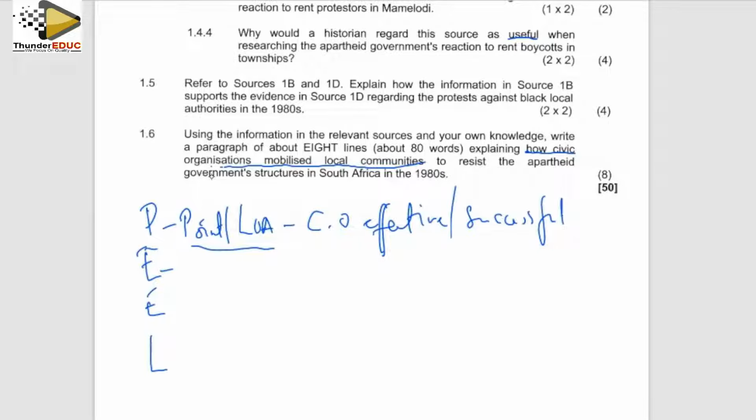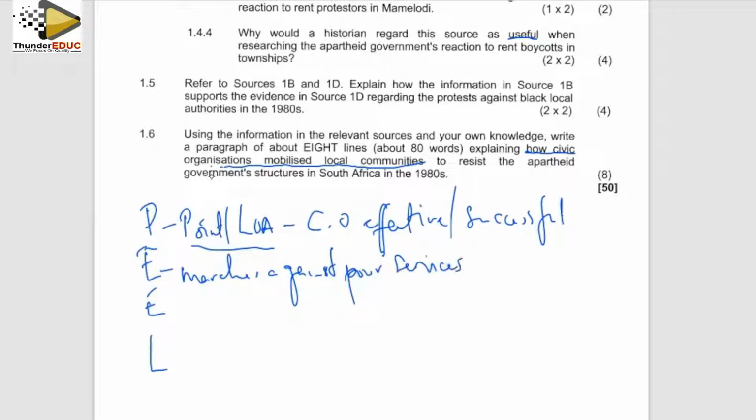You explain in your own words. You are not extracting information from the sources. You are explaining in your own understanding. Explain your understanding of how civic organizations were mobilizing Black local communities. You can explain that the civic organizations were able to mobilize Black people to engage in marches against poor service provision in the townships.